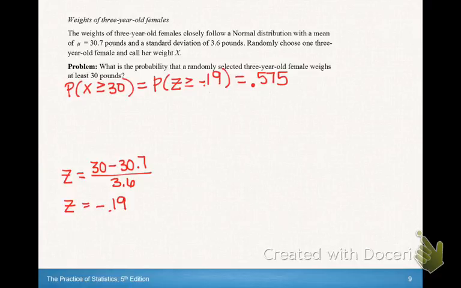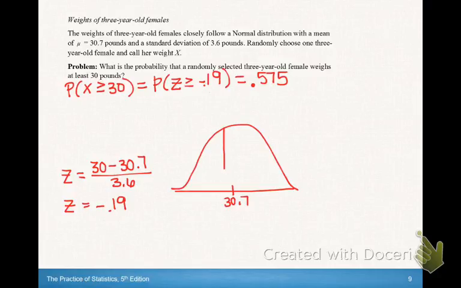One of the things that I should have probably done here is draw the standard normal curve. Remember how we talked about that's one of the things I was seeing on practice problems that we weren't in the habit of doing? So what we should do is draw our standard normal curve. We have our peak and we have our mean of 30.7.